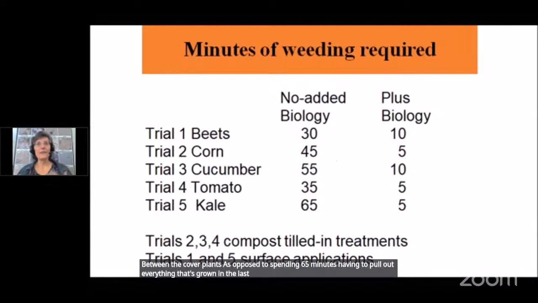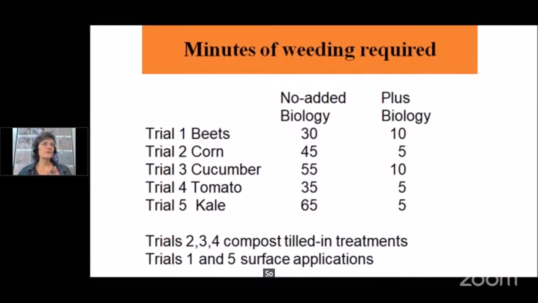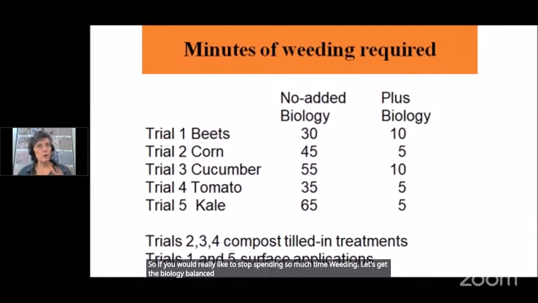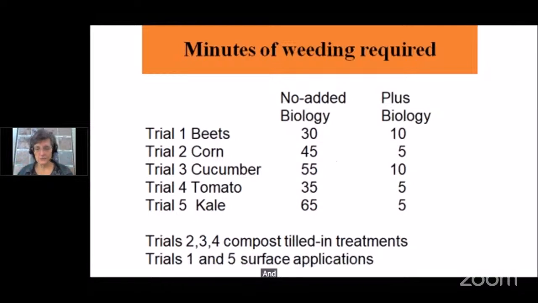And you know that's going to keep happening through the whole entire growing season. You're going to have to be spending that time weeding. So if you would really like to stop spending so much time weeding, let's get the biology balanced to grow the crop that you want and select against the growth of all those early successional weeds.